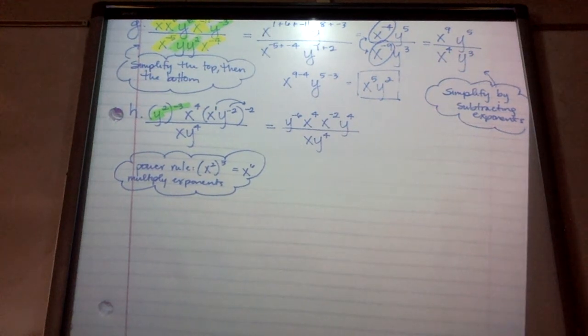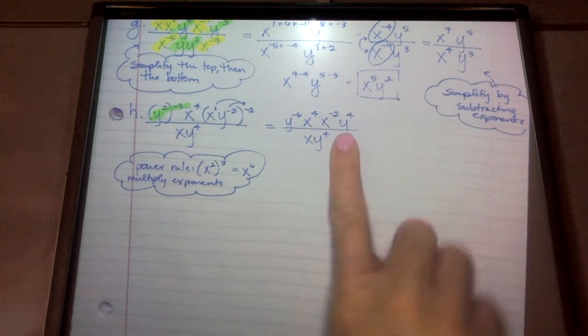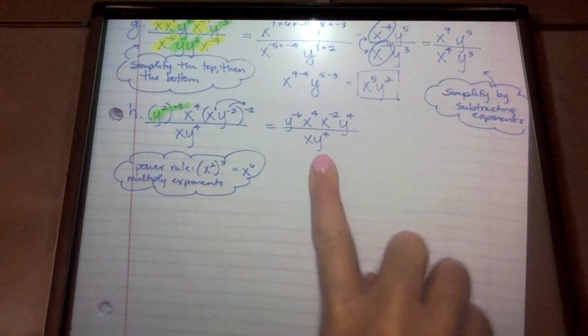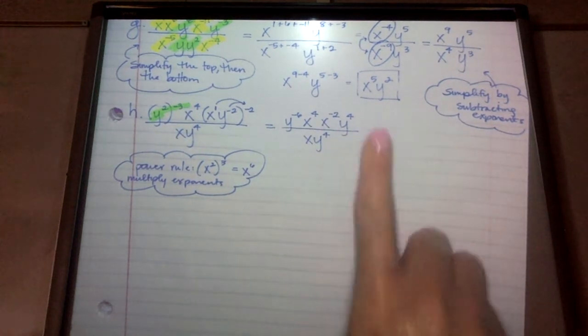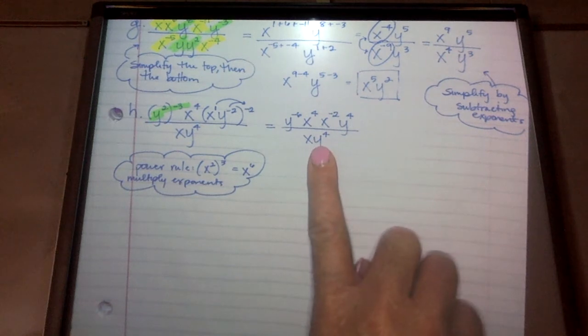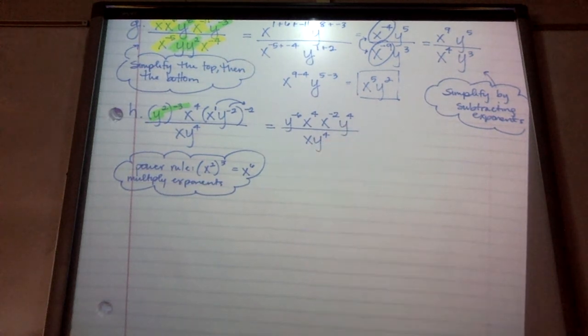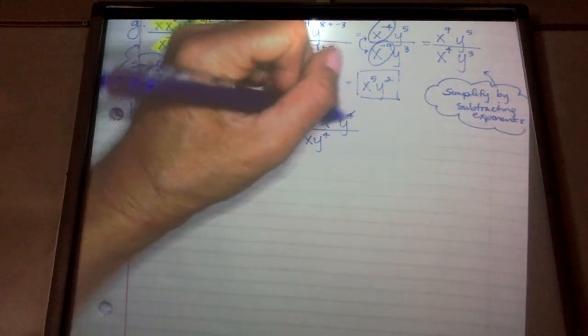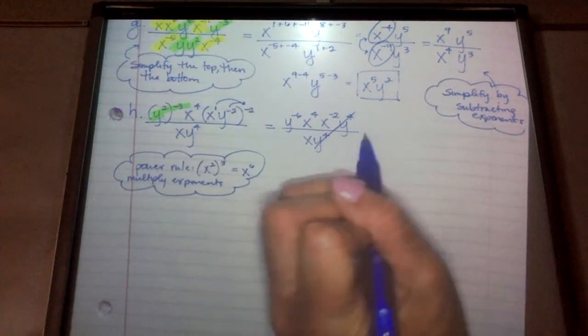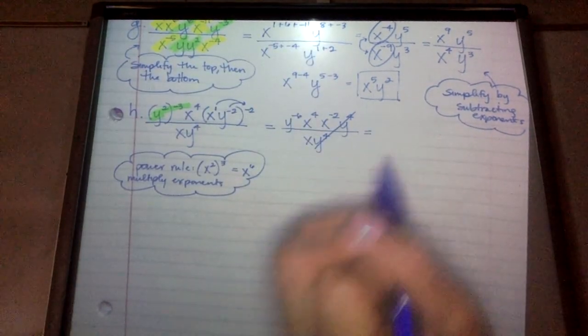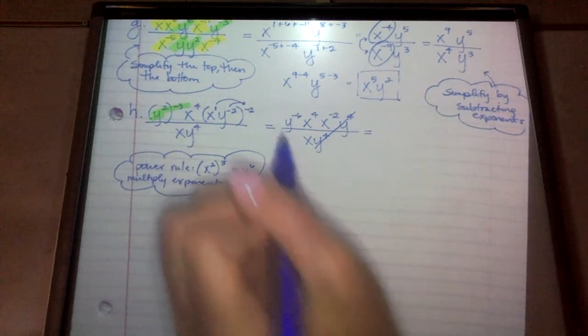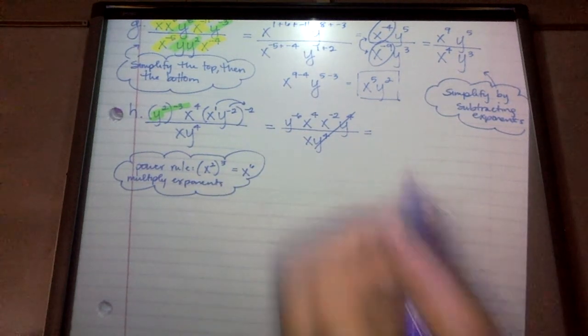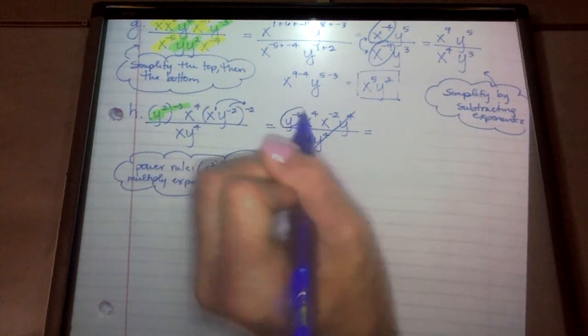Now, just from there, I'm going to start to combine things, but the first thing I notice is I have y to the 4th over y to the 4th. And you can think of this two ways. Something divided by itself is 1 and it cancels, or 4 minus 4 is 0 and it cancels. So these are gone. Then I'm going to simplify what I have left. So a couple things we can do. I'm going to move him to the bottom.